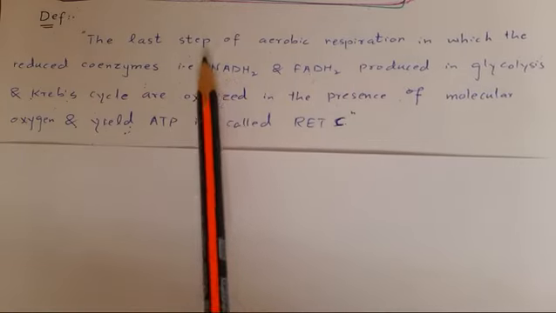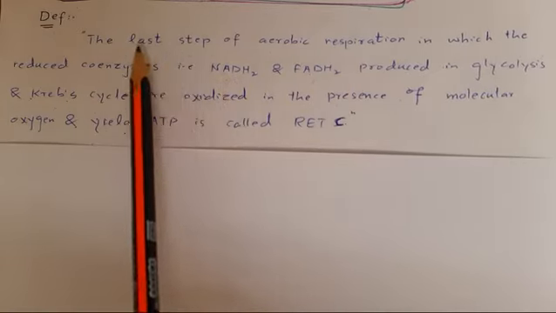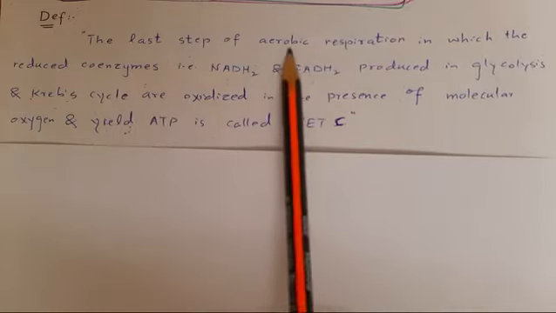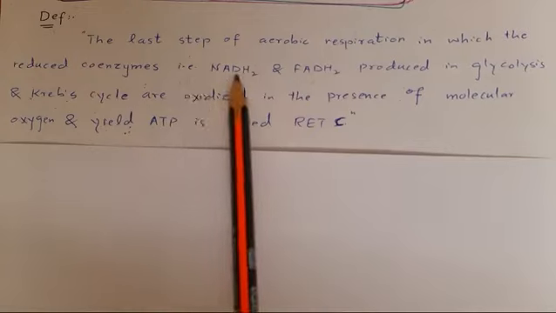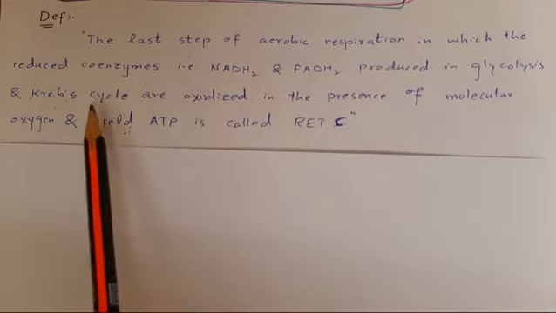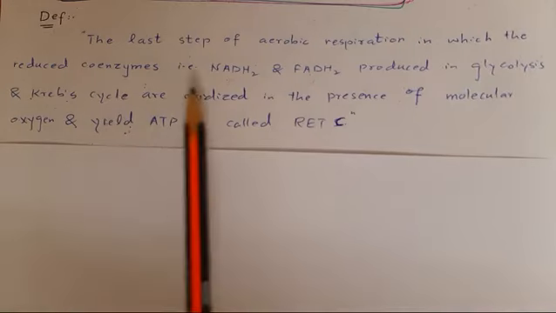What is respiratory electron transport chain? It is the last step of aerobic respiration, in which the reduced coenzymes NADH2 and FADH2 produced in glycolysis and Krebs cycle are oxidized.